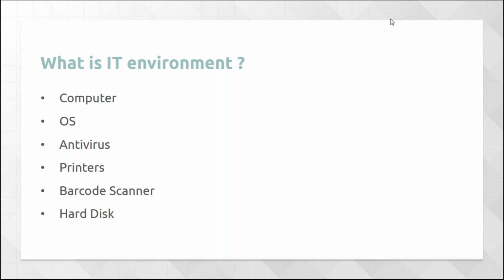But most of us, or probably some of us, will have a system which is assembled piece by piece, with the hard disk, different processor, different RAM, different display, everything. So in that case, it has to be properly seen what is the motherboard being used and what is the OS being installed.